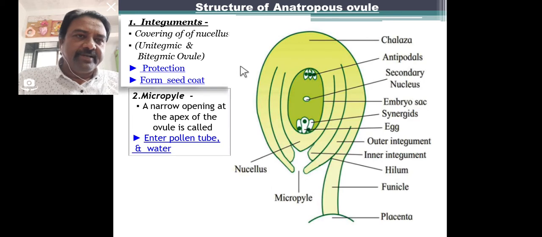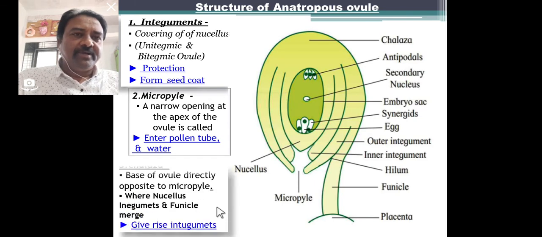At the time of fertilization, you know that the male gametophyte, the pollen tube, enters through the micropyle and then into the embryo sac. Now the third part of the body is known as the chalaza. Here the chalaza part is completely seen. It is the base of the ovule, directly opposite to the micropyle.